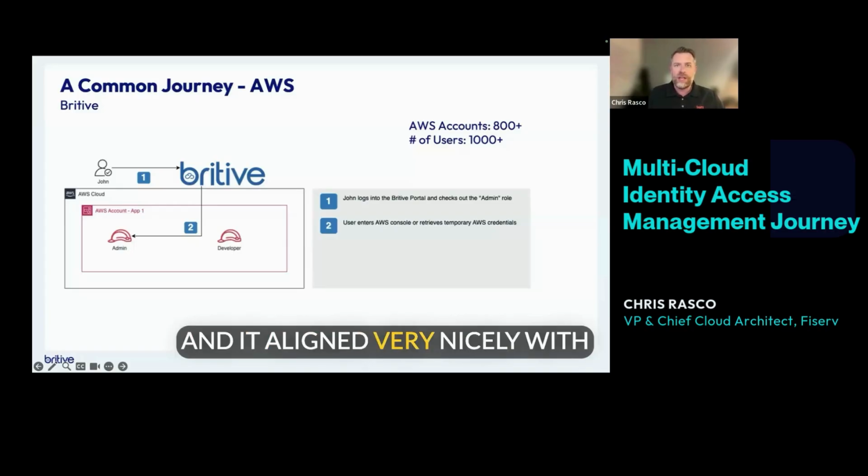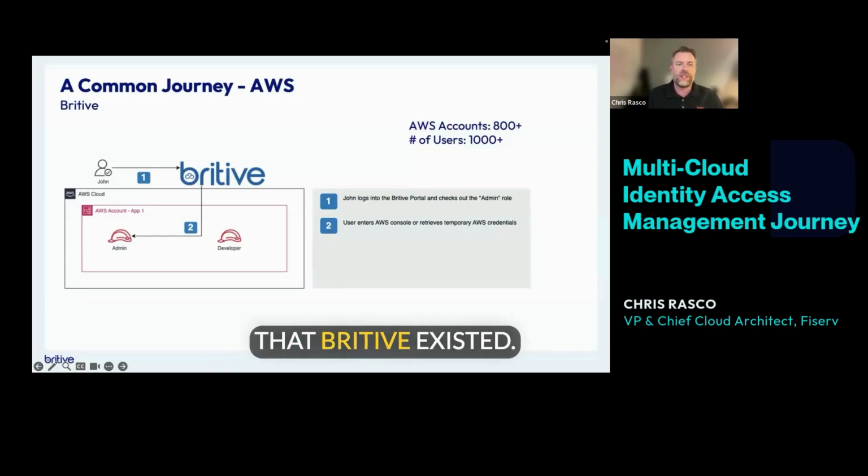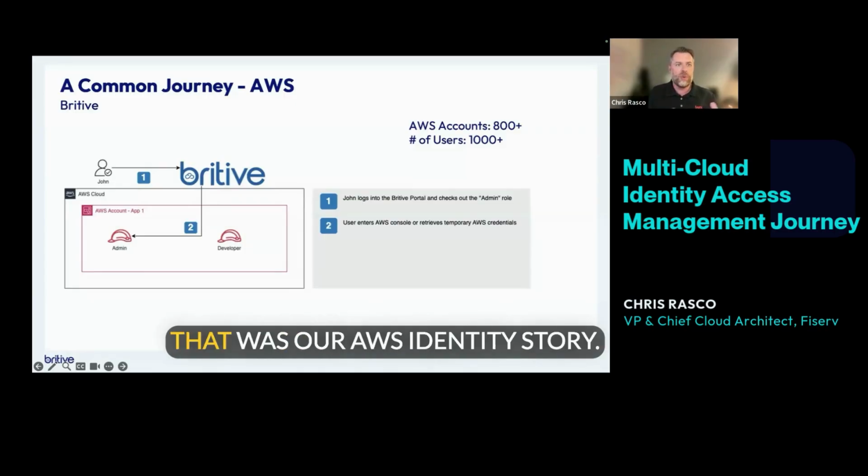And it aligned very nicely with the custom tool that we had already built internally. And so we were thrilled to find out that Britive existed because at this point in our journey, we were single cloud up to that point. And so that was our AWS identity story.